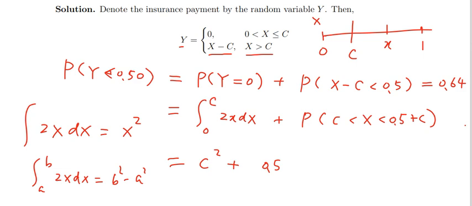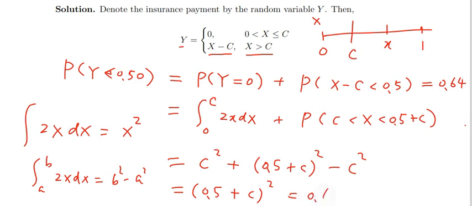So this equals (0.5 plus c) squared minus c squared. Then we let this equal 0.64, so we can find c.